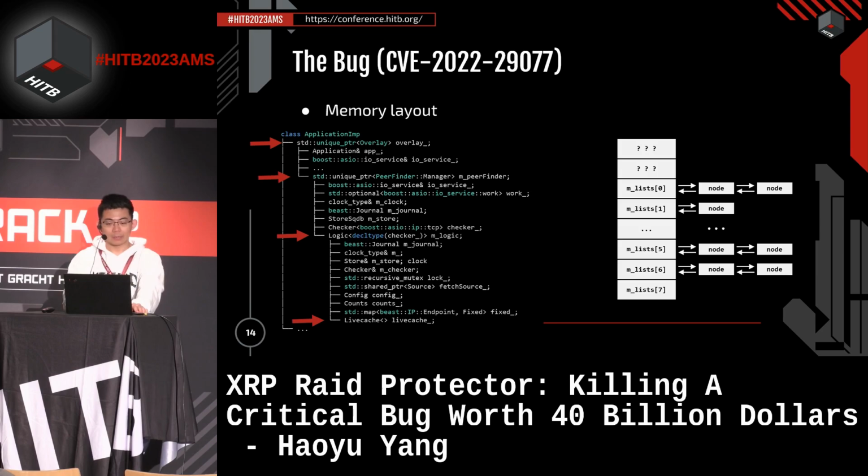The application implement will be allocated only once at the beginning of the program. Thus, the lab cache is the same. It always keeps the same address in the whole lifetime of the process.